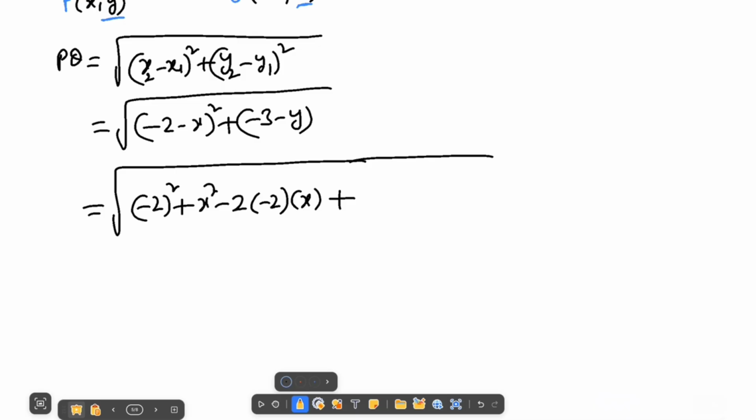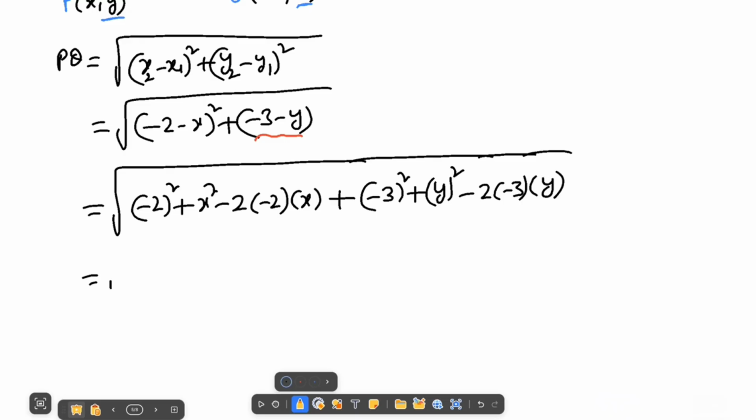Plus here expand the second one with a minus b whole square formula: a square minus 3 whole square plus b square y square minus 2ab, minus 2 into minus 3 into y.